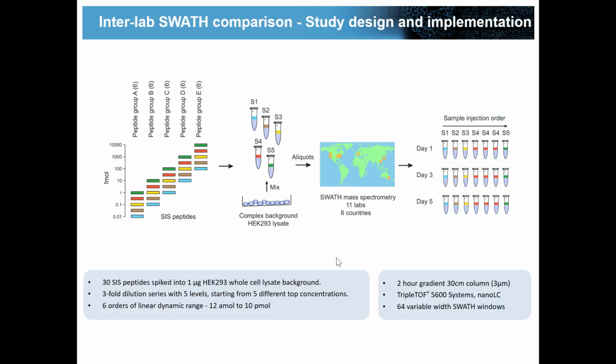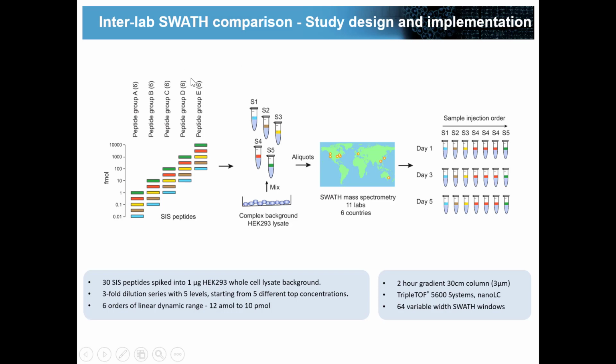Okay, so now I'm just going to show a little bit of data from a study that we did a couple of years ago to see what the status was of our ability to do this, and whether other people could do it as well. So this is an inter-lab benchmarking study that was conceived about 4 years ago.